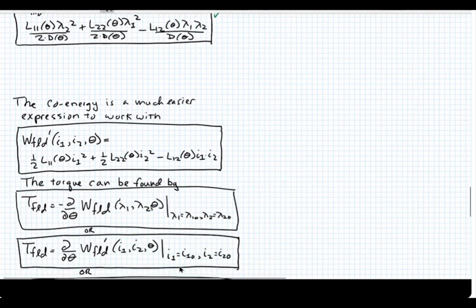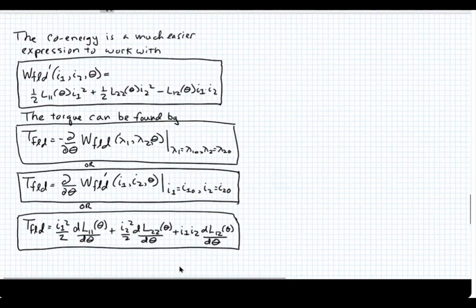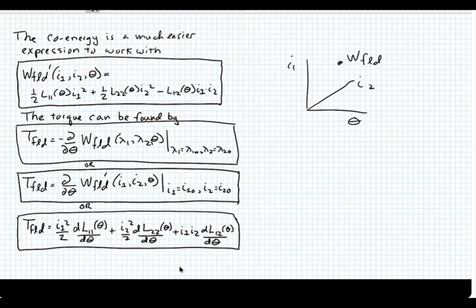But co-energy, on the other hand, we could have gone through and derived quite simply, in the same way we did before, where we would say, call this theta, we could call this I1, we could call this I2, and here's my co-energy right here.